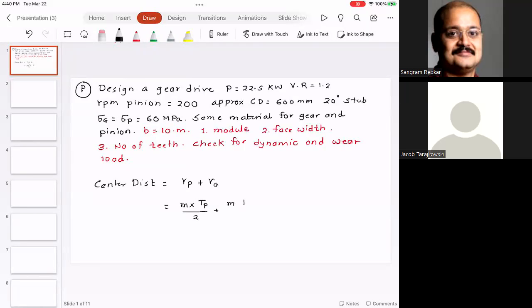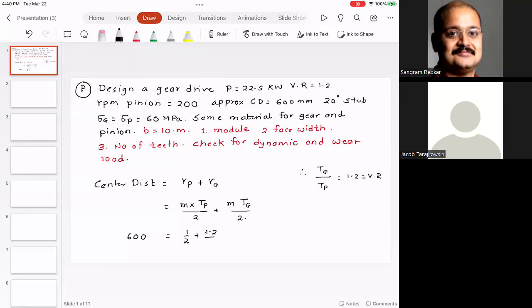Module of gear, number of teeth on gear divided by 2 is equal to 600. You're going to have 1/2 plus, please note, gear teeth divided by pinion teeth is equal to 1.2, which is the velocity ratio.